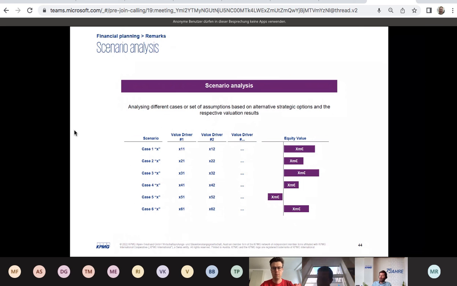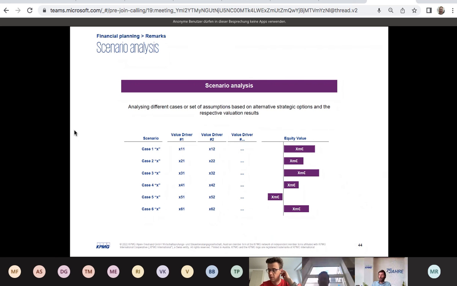We saw a lot of different scenarios developed in a lot of companies to reflect the negative effects from COVID, or the uncertainty relating to COVID or to other crises.